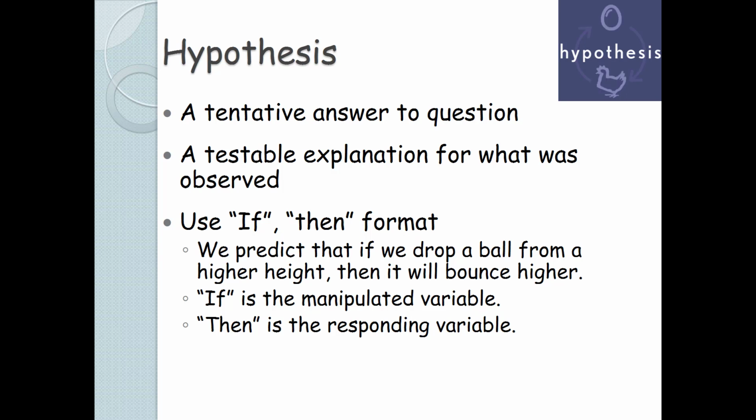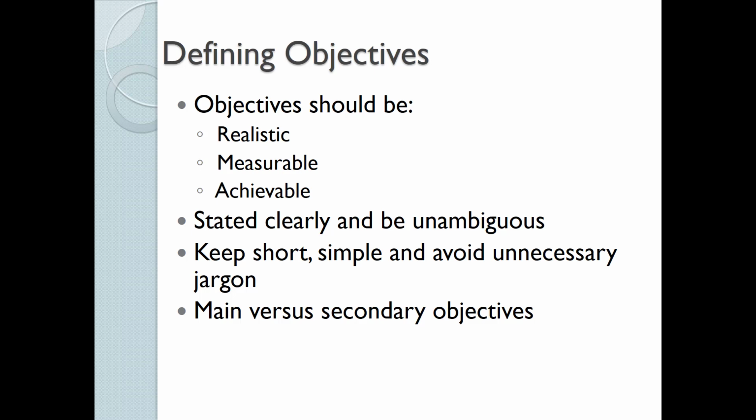Hypotheses are an important beginning step in the scientific method because they create a testable explanation for what we hope to observe. After we develop our hypotheses and have that clean, crisp if-then statement, we can move into developing our objectives.